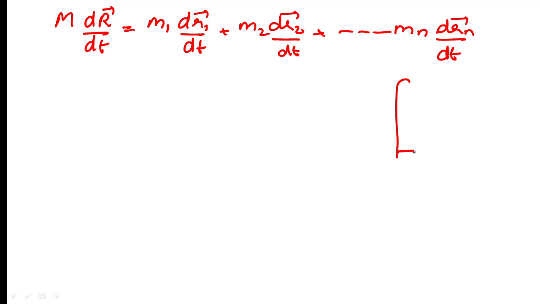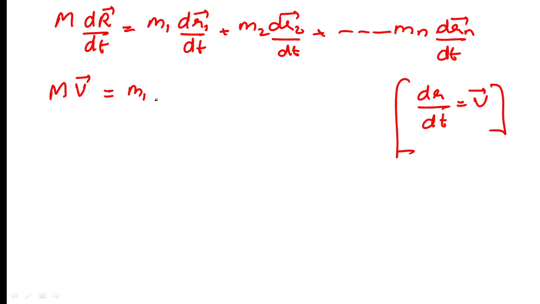This is the change in position with respect to time, that is, the change in displacement with respect to time, which is velocity. So we can write dR upon dt as capital V, and it equals m1 v1 plus m2 v2 plus up to mn vn vector.